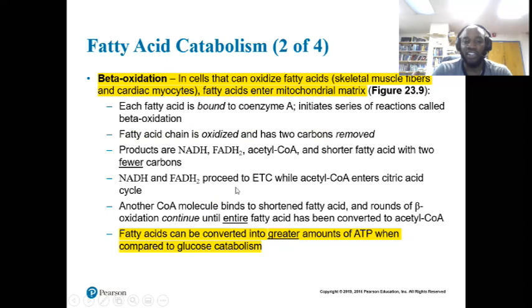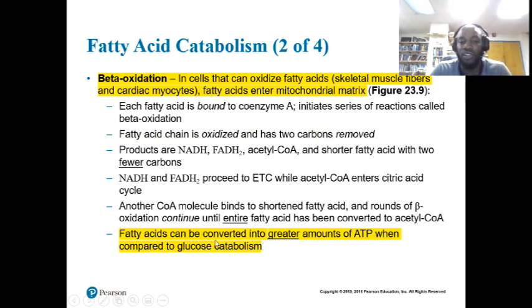This NADH, FADH2 proceed to the electron transport chain, while the acetyl-CoA enters citric acid cycle. Another CoA molecule binds to shortened fatty acid, and rounds of beta oxidation continue. So it keeps breaking it down until entire fatty acid has been converted to acetyl-CoA.